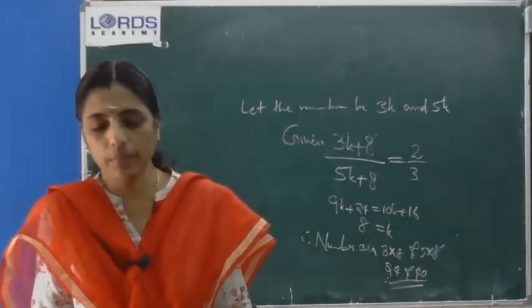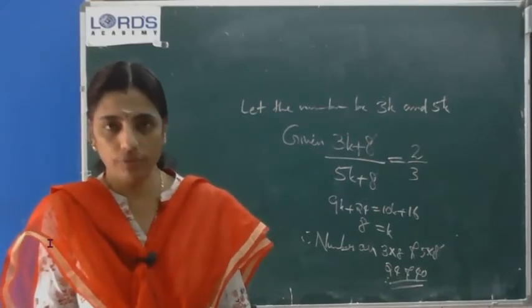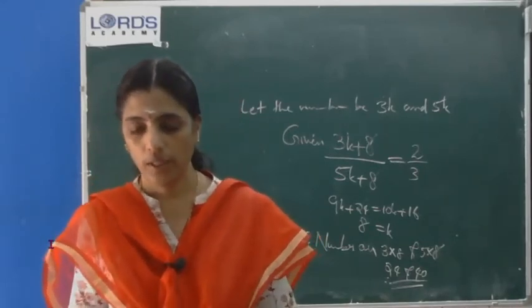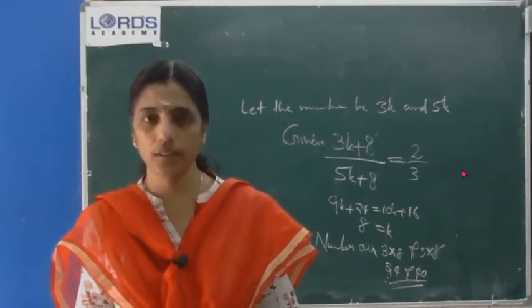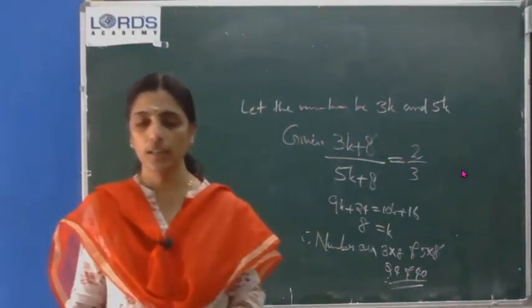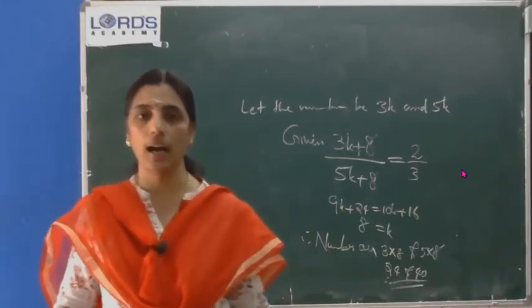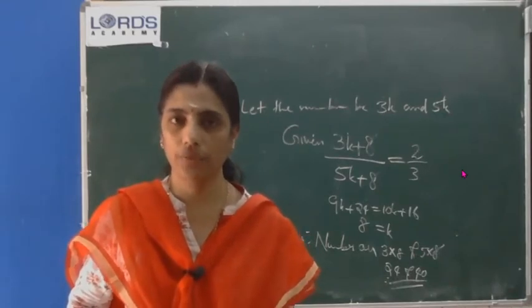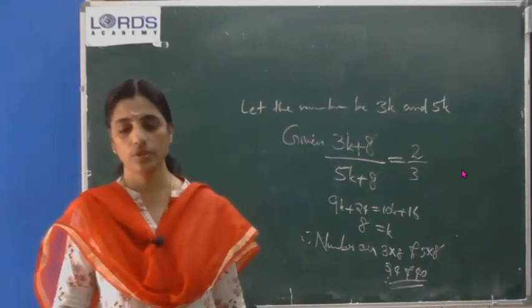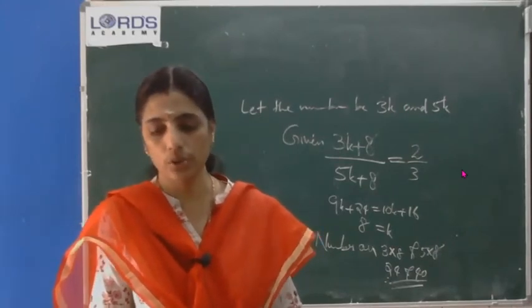Next question: what quantity must be added to each term of the ratio 8:15 so that it becomes equal to 3:5?